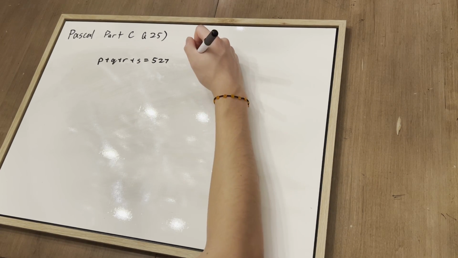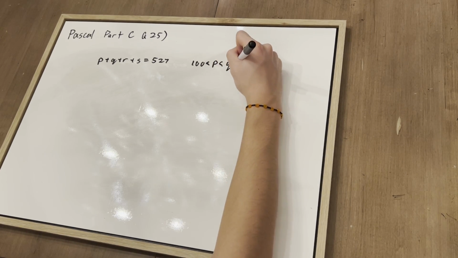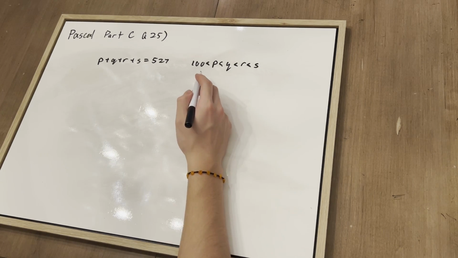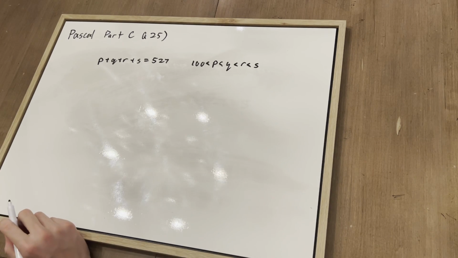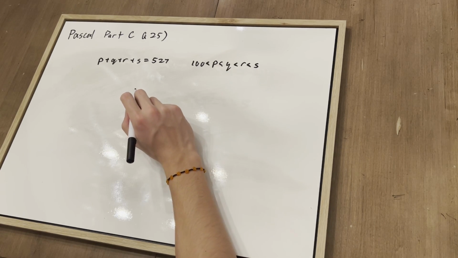So the original constraint is 100 is less than P, less than Q, less than R, less than S. So from what we can see here, the minimum value for P is 101, and all these numbers must be distinct. But there's actually another constraint.